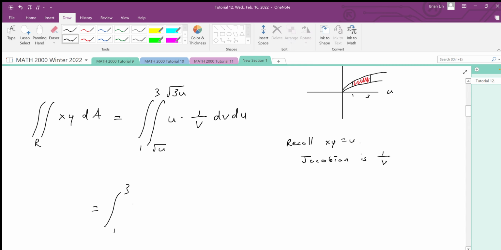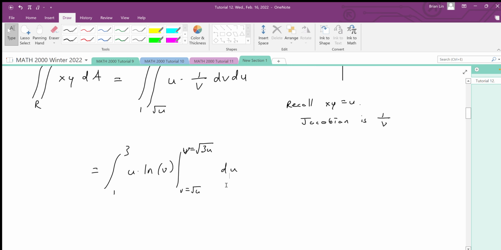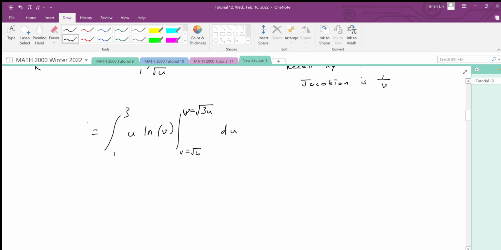So integral with respect to v. So that becomes this. Simplify. Because it's a ln, you could write it like this instead. And you simplify that.